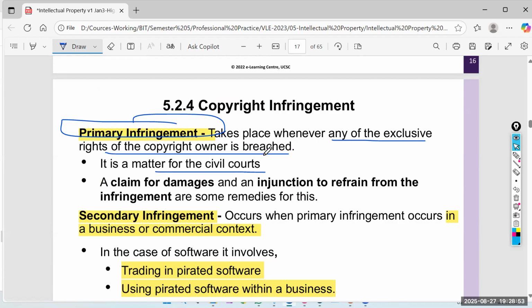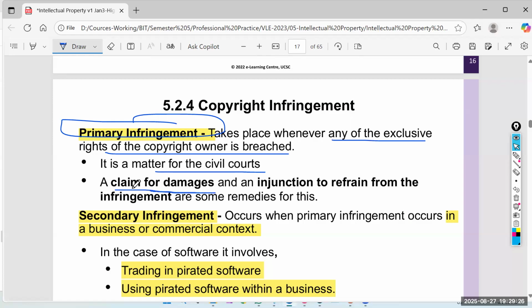For example, civil cases include copyright and intellectual property related matters, divorce cases, land disputes, financial disputes. The two parties go to the courts, and if one is found guilty, they need to pay compensation and rectify it. So therefore, it's a civil case.